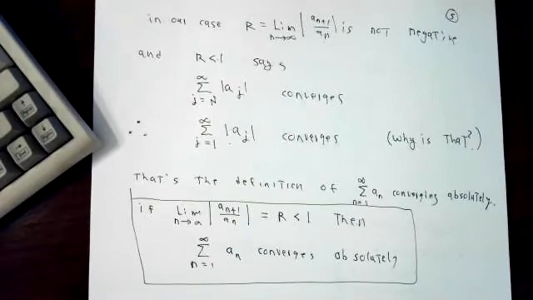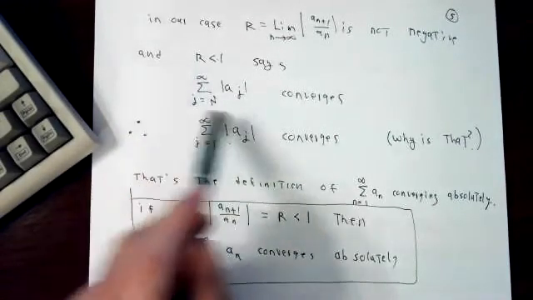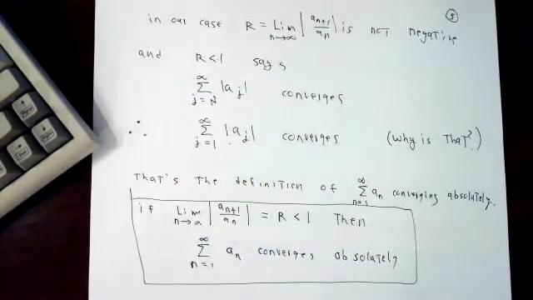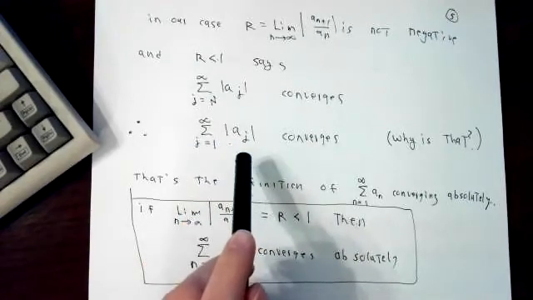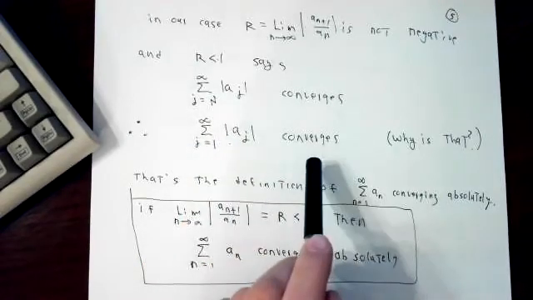But then the direct comparison test says the sum j equal capital N to infinity, absolute a_j converges. Therefore, the sum j equal 1 to infinity, absolute a_j converges.